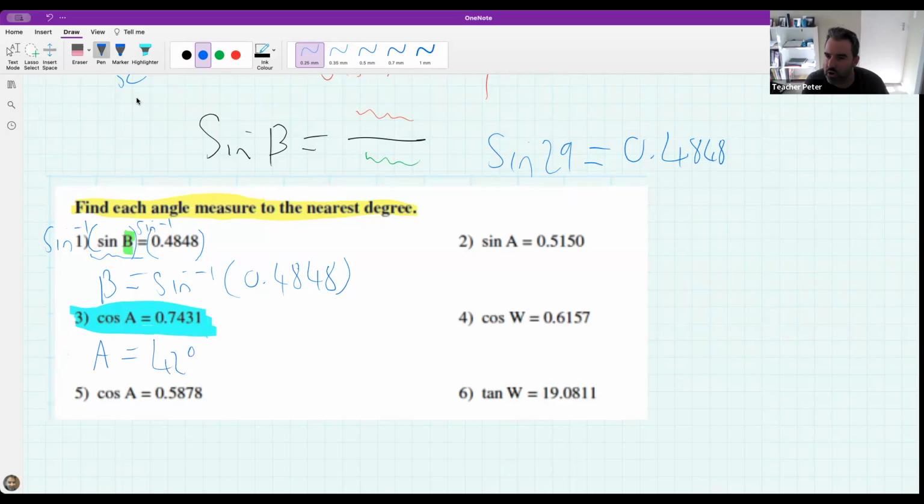And I see that Gundo, Naledi, Bukhle, you're all good. Okay, fantastic. Let's do number 6. Can you find what W is such that the tan of W gives me 19.0811?